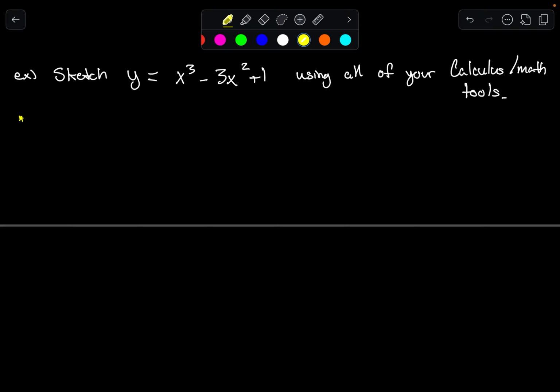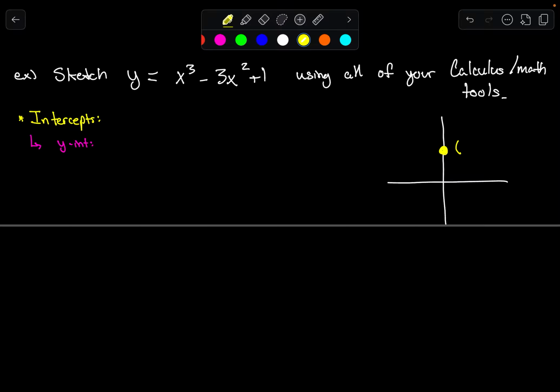The first thing I might look at is intercepts. There are two of those. There's a y-intercept. If I have some sort of graph over here and my function is hitting the y-axis, then what do we know about the value of one of the coordinates here?